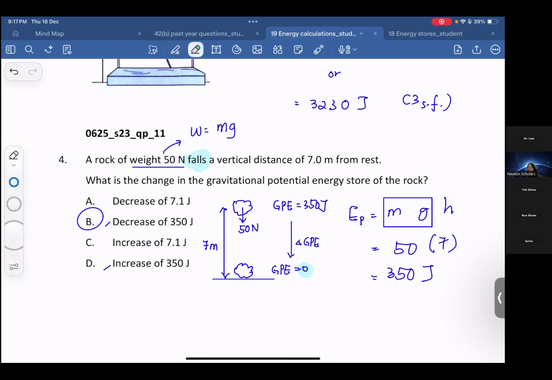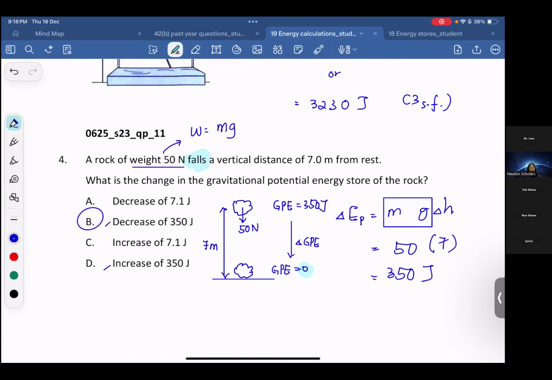The final here is 0. So how much is the change? 350 joule. Or I can write it this way: change in GPE is due to the change in height. The height is 7 meter.